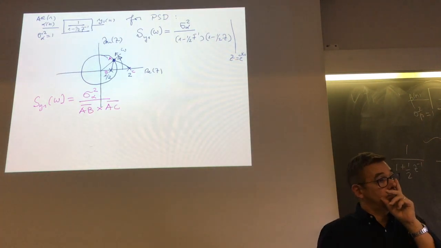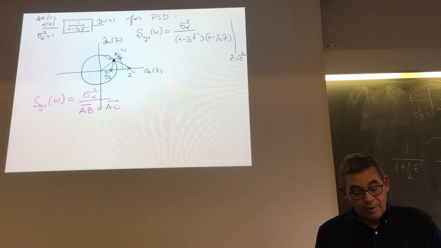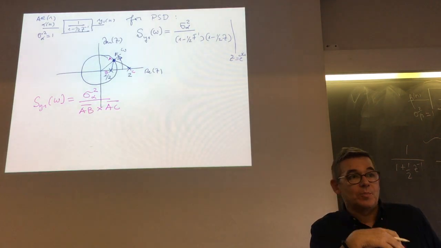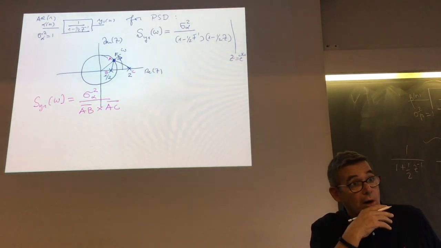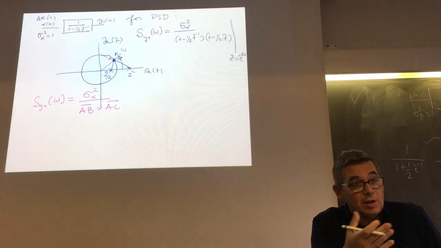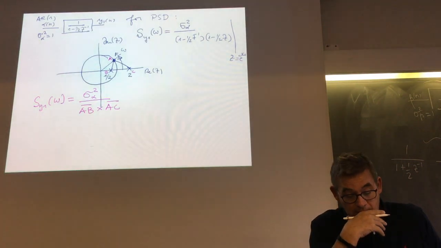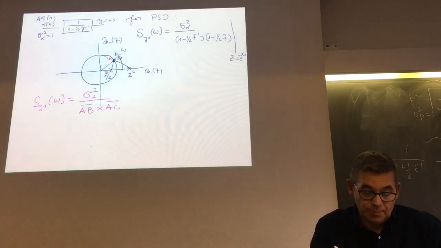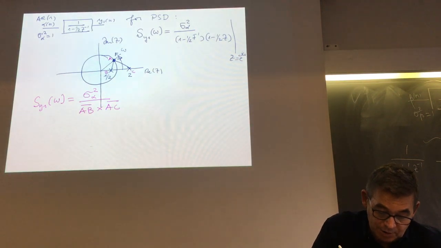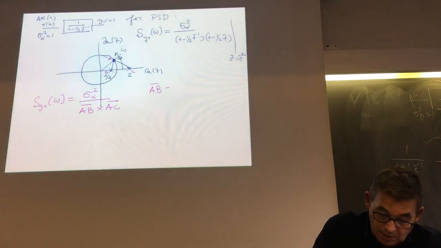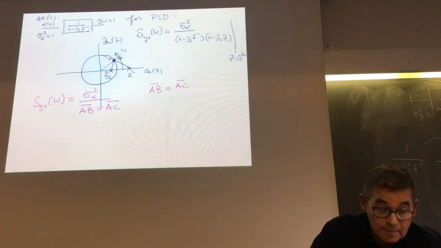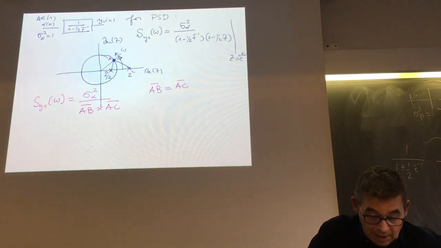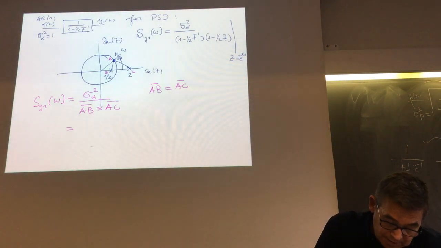So you know, I'm not asking you to be very precise. Okay, it's not required. But you know, you can sketch approximately. So let me say another word. The length between AB is equal to the length of AC. So that means that this one is equal to sigma squared alpha squared.